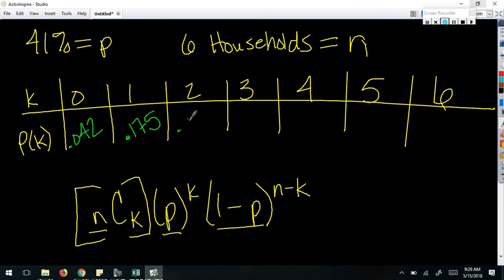Give it to me in 3 decimals. 0.306. That's correct. How about for 3? 0.283. How about for 4? 3.8. No, you didn't even have 4.